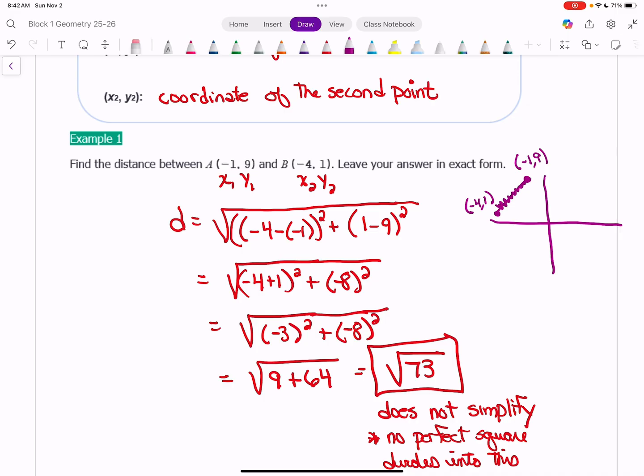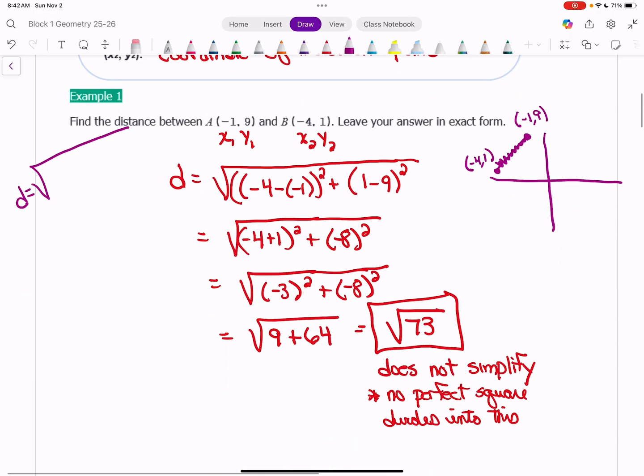Literally you are just applying the formula, which I will rewrite right here: x2 minus x1 squared plus y2 minus y1 squared. We've got our points right here.